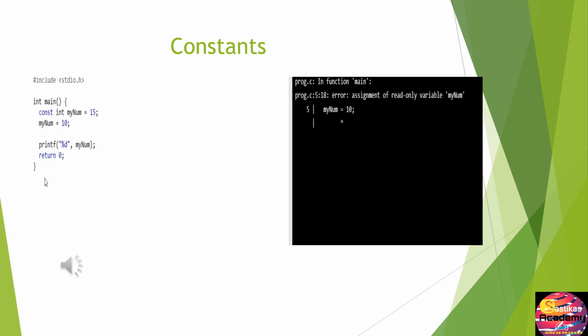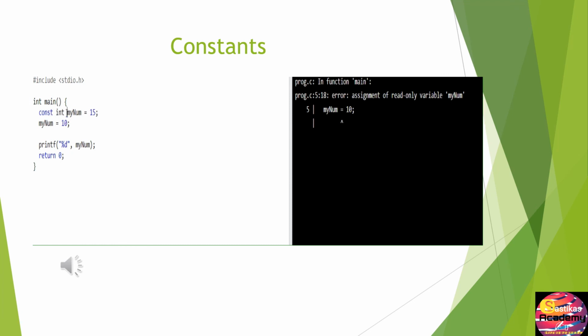Constants: if you are not willing to change a value, you assign the value to the variable and it is not changed. That's a constant variable. See the example program for a constant. Here we give a const keyword. Const is a keyword used to declare the variable as a constant. Const int myNum equal to 15.